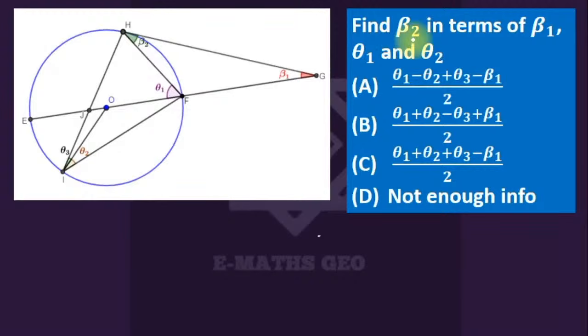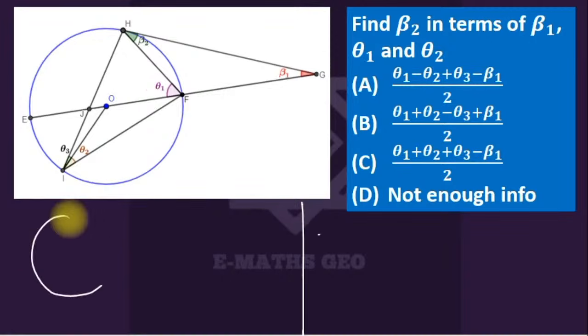Find beta 2 in terms of beta 1, theta 1 and theta 2. Okay, before I solve this, if we have a circle and we have an inscribed angle, okay, this is the center of the circle, that's O. So assuming we are given theta 1, this is theta 2, this is theta 3, and this is theta 4.